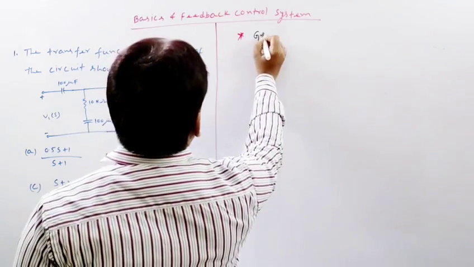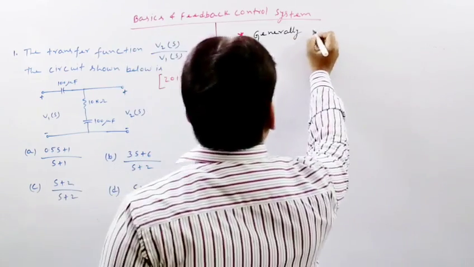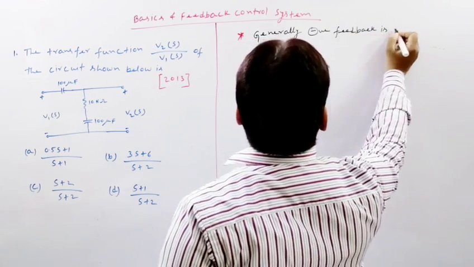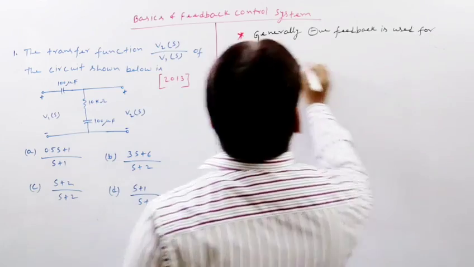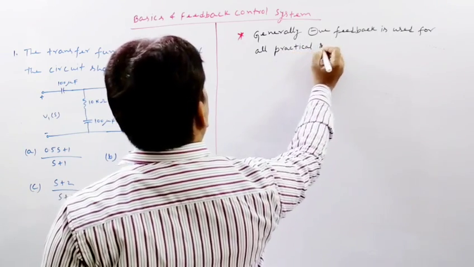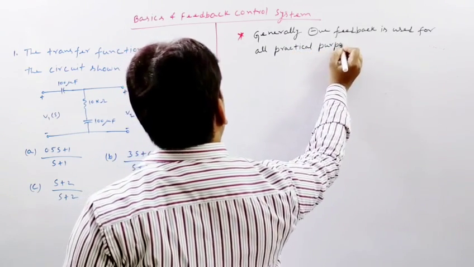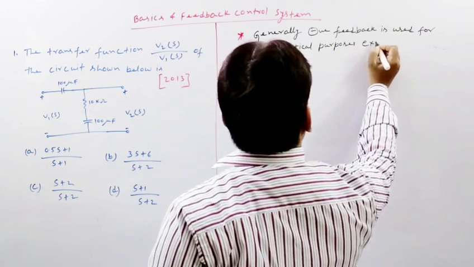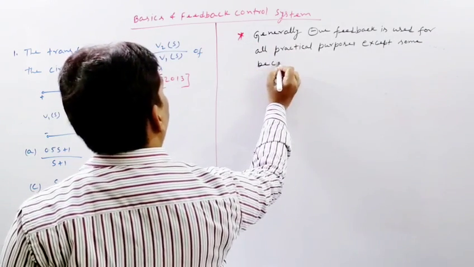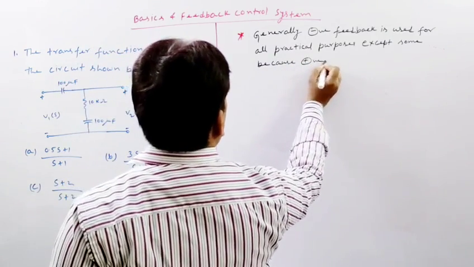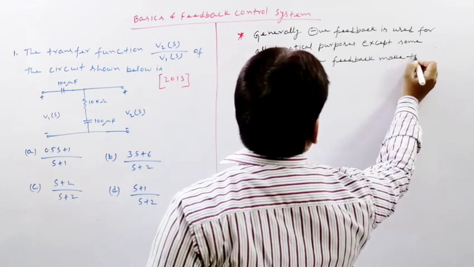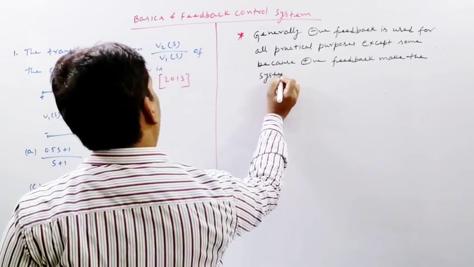Generally, negative feedback is used for all practical purposes except some, because positive feedback makes the system more unstable.